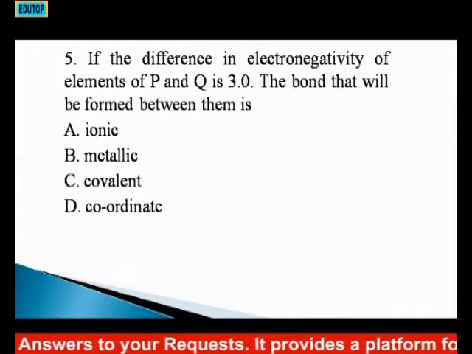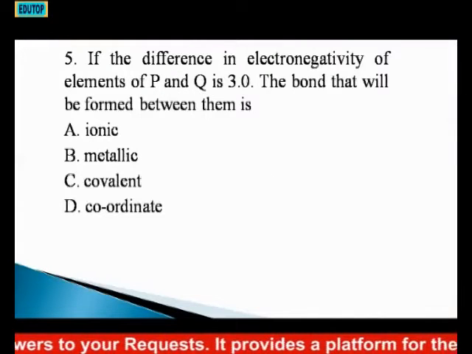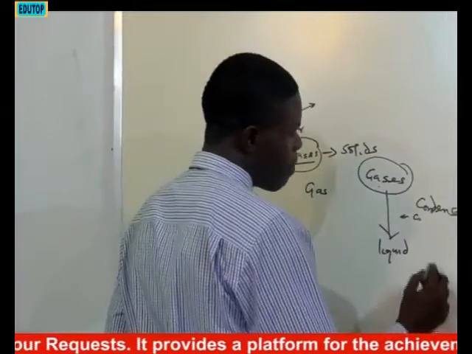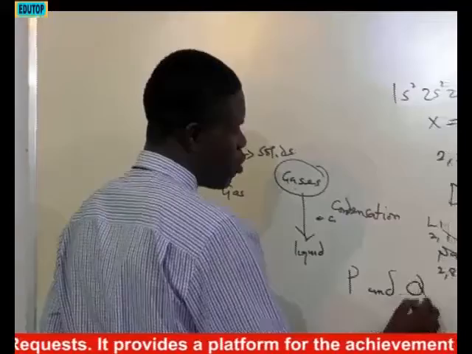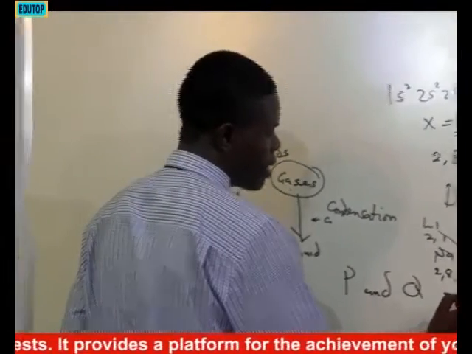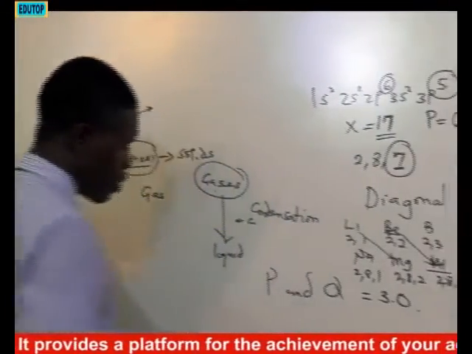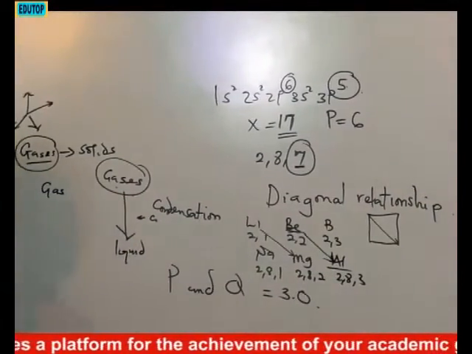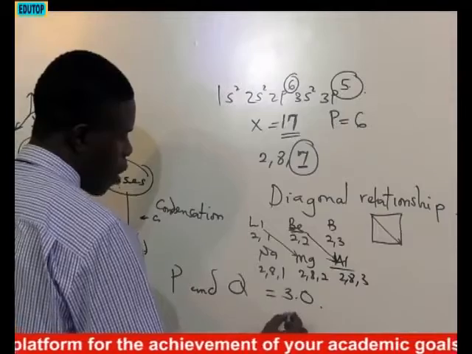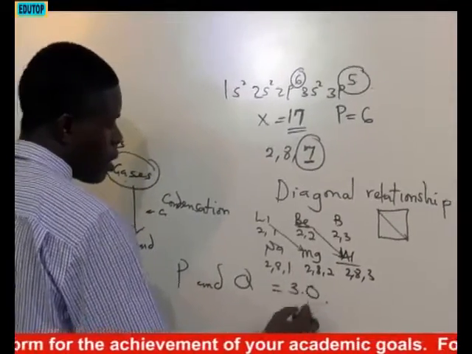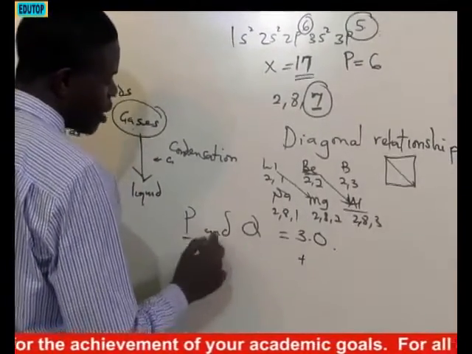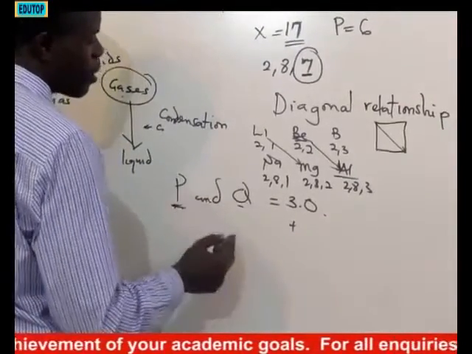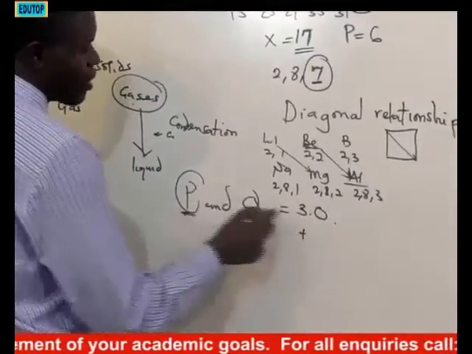If the difference in electronegativity of elements P and Q is... so they talk about two elements, P and Q, and they told us that the electronegativity difference is 3.0. Look at this, the electronegativity values of this and this, or the electronegativity difference is 3.0.